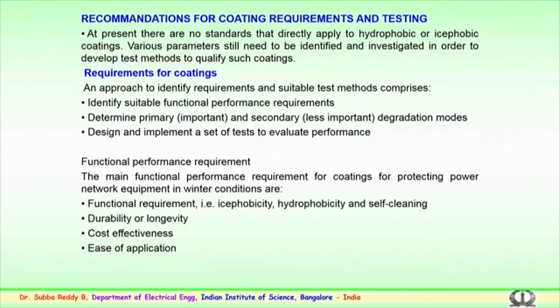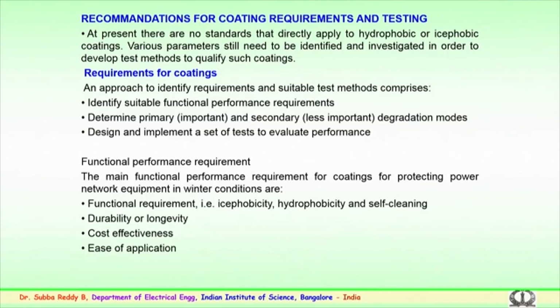General requirements for coatings: an approach to identify requirements and suitable test methods should comprise, first, identifying the suitable functional performance requirement. It could be an insulator or a conductor or any substation equipment. Second, determining the primary, or important, and secondary, less important, degradation modes.